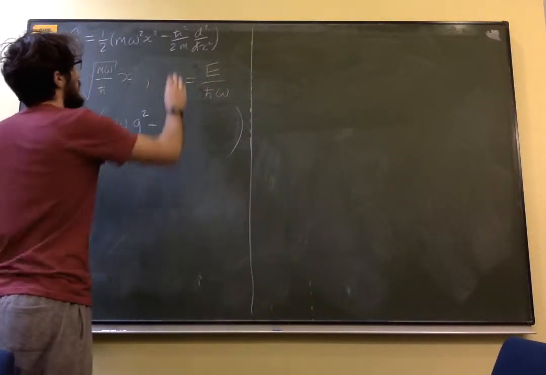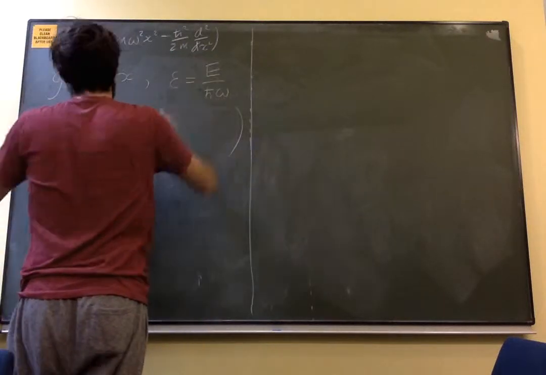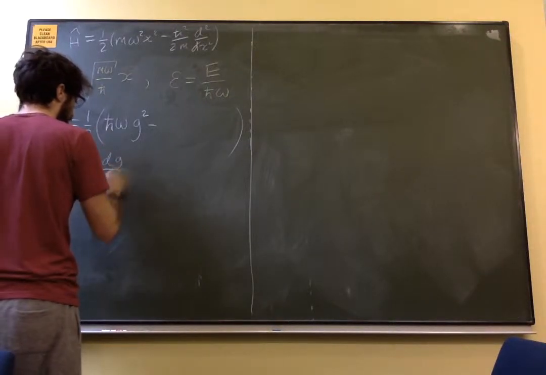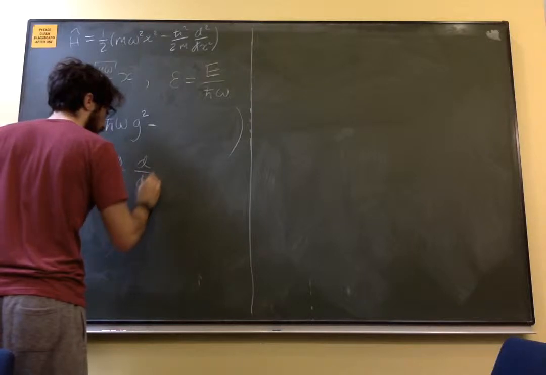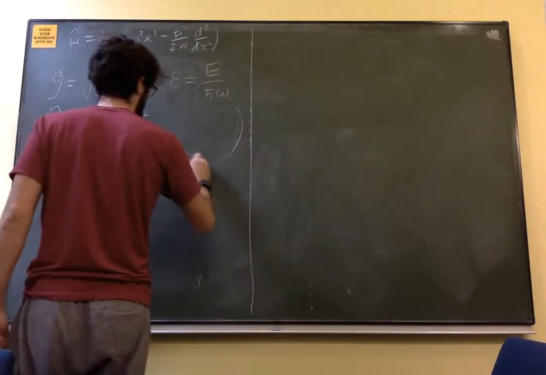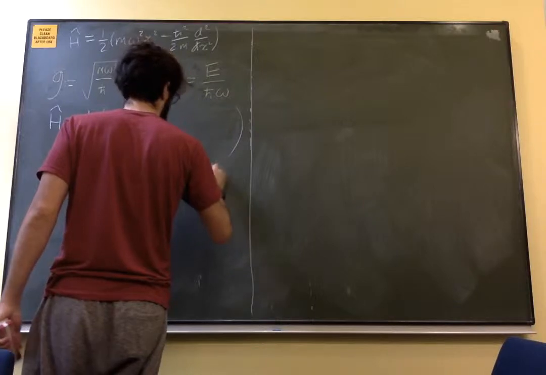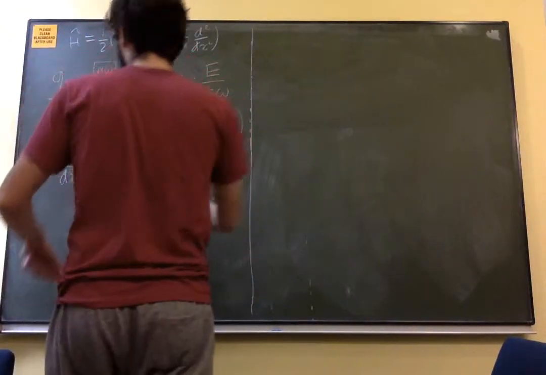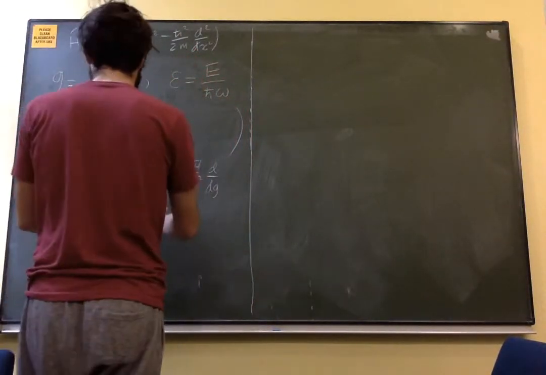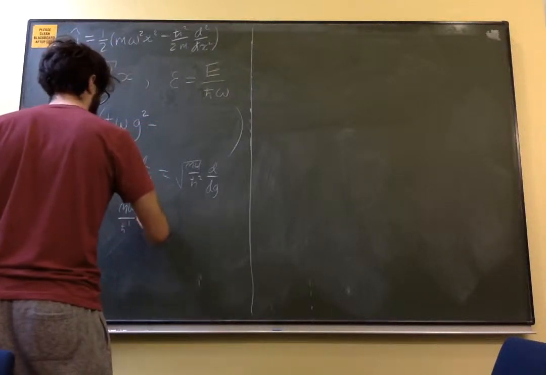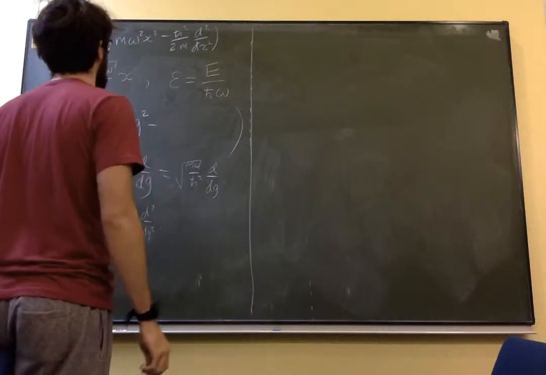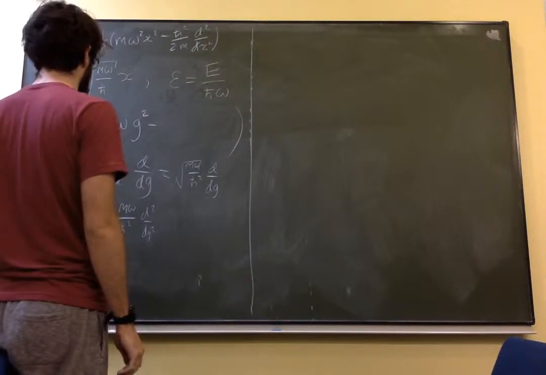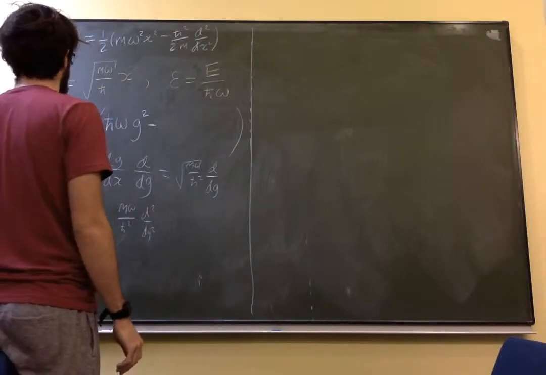Okay, minus. So this right here, how do I convert from this to this? Well, d by dx is the same thing as taking dG by dx times d by dG, as the chain rule. Okay, this right here is just this factor right here. Now, therefore, for the square of this, when I operate this twice, I'm going to get m omega over h bar squared d2 by dG squared, okay? Is that correct? Yes. Yep.